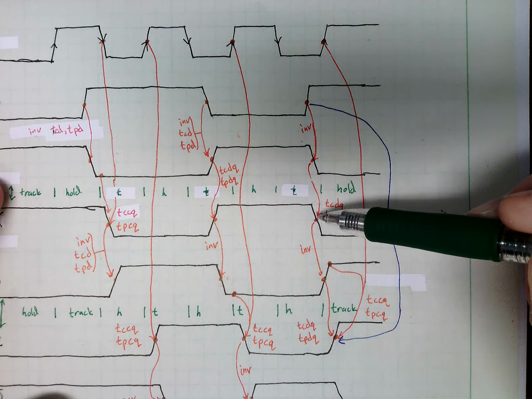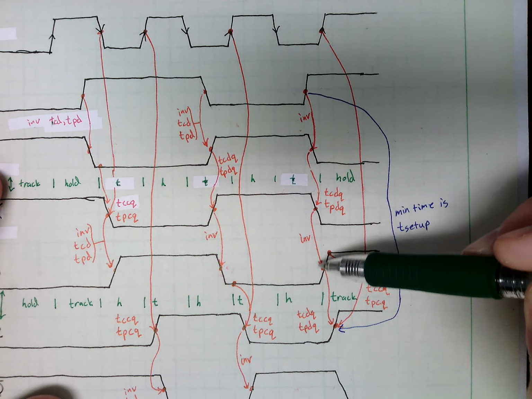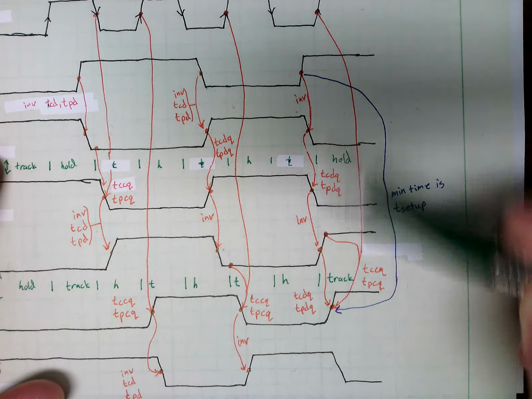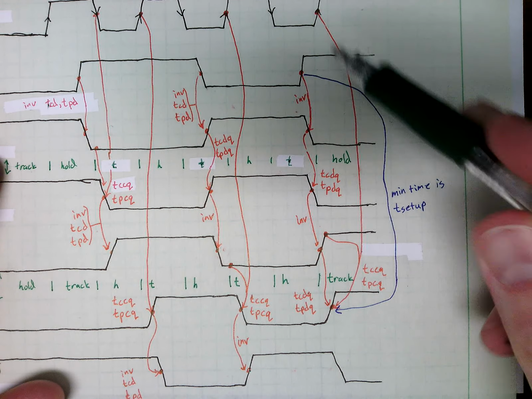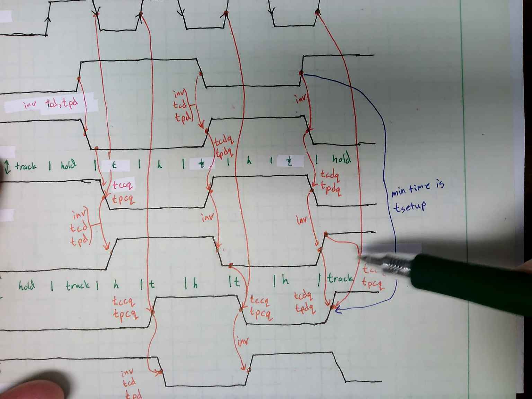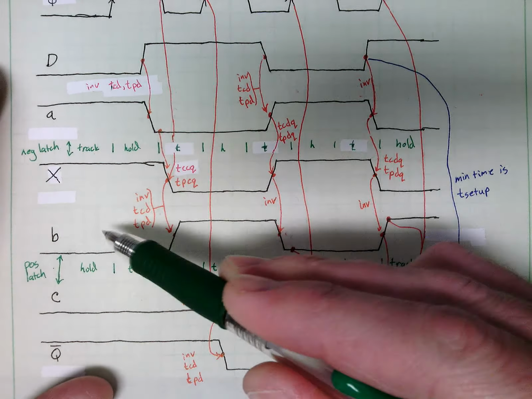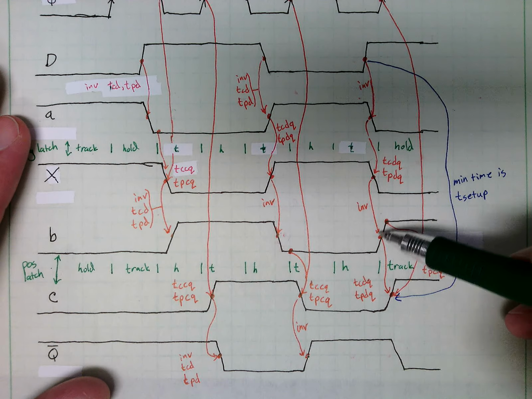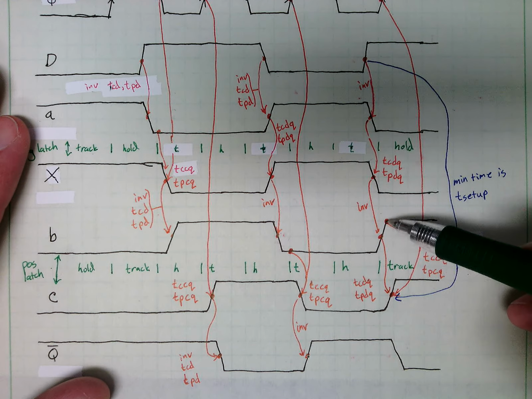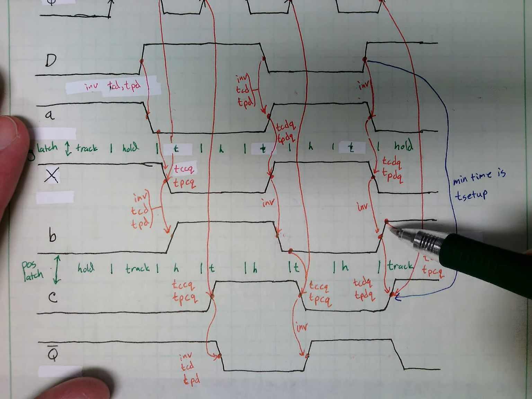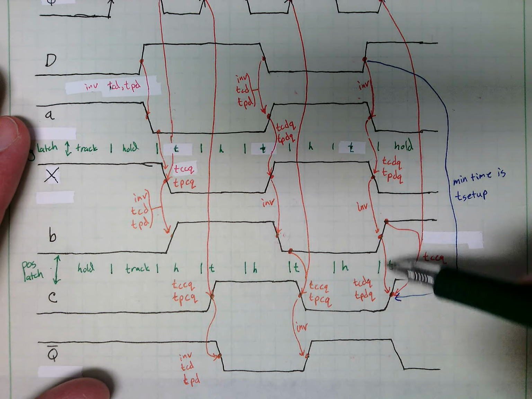We have an inverter, just a normal inverter. And then at this clock event, we have a clock to Q. But remember, this node here, node B, just barely got done changing, barely beat the clock. So what gets captured is this gets tracked here.